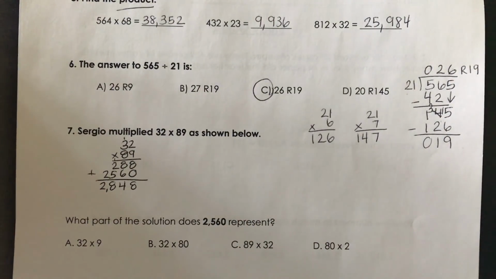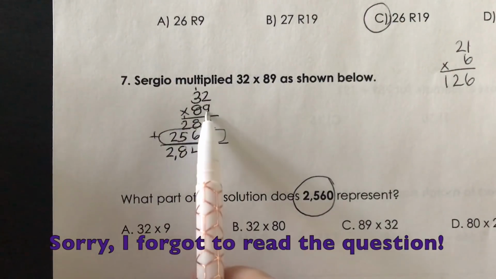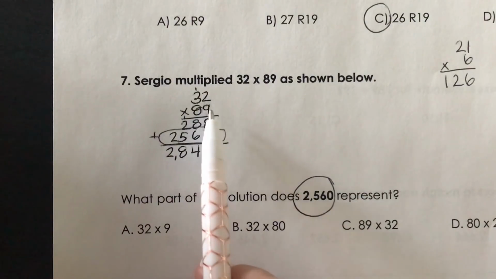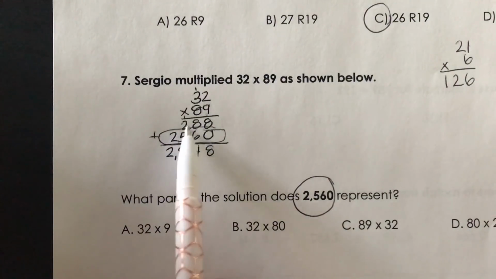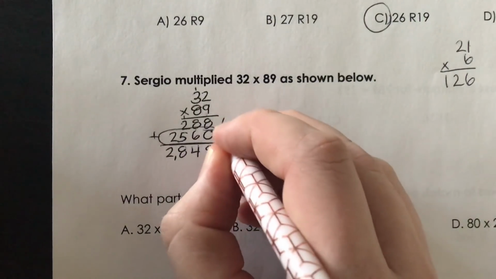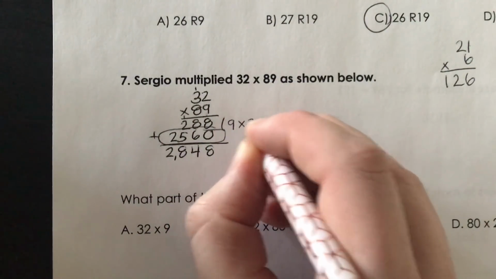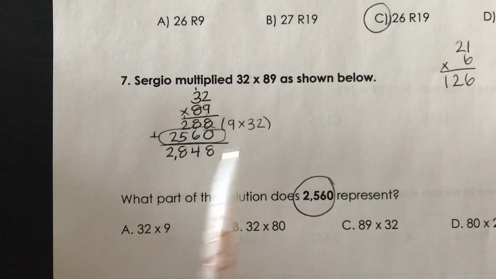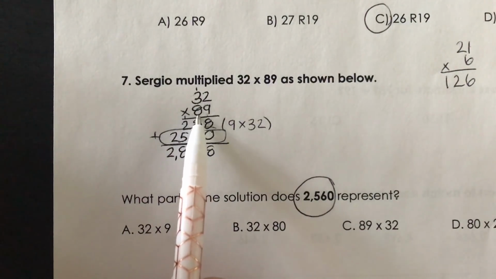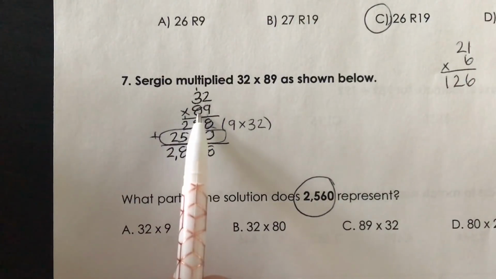So we always start with the 9 here. We start with this number that's in the bottom right-hand corner. So the 288 is what you get when you multiply 9 times 32. So I like to write it next to the number, 9 times 32. So this larger number is when you move over to the tens place and you multiply the same top number by this number now.